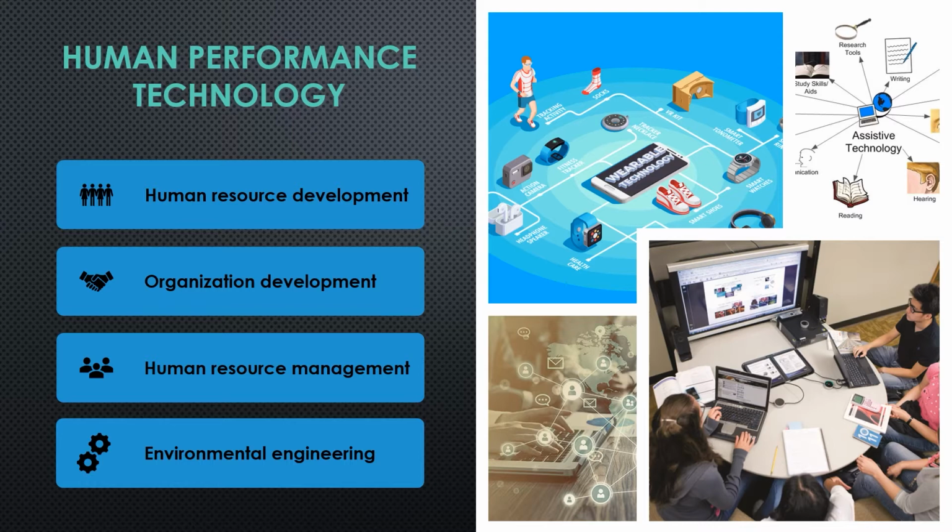Human resource management is where interventions are concerned with managing and coaching the performance of individuals and groups, as well as with recruitment and staffing. And environmental engineering is where interventions are concerned with providing tools and facilities that support improved performance.